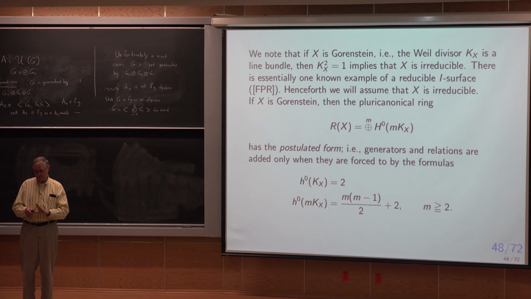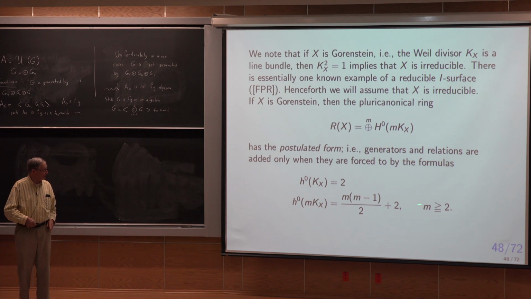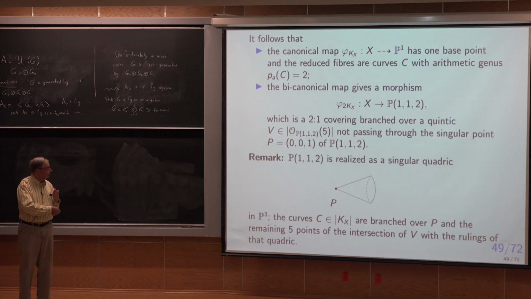If you didn't have relations, you know what the dimensions would be, so it tells you how many relations there are. And you can build it up that way. That's the postulated form. And the Gorenstein ones have that postulated form. That means that they're canonical, that their canonical images are easy to study.